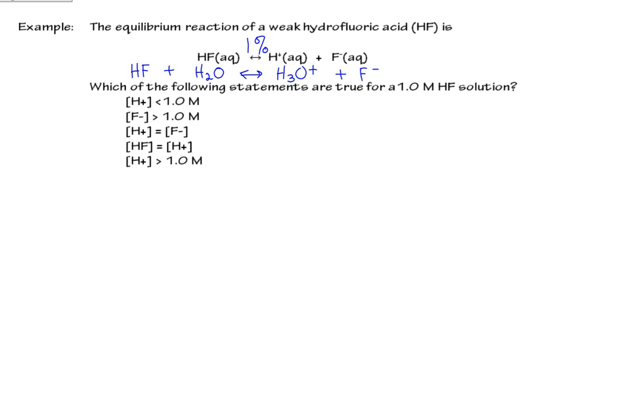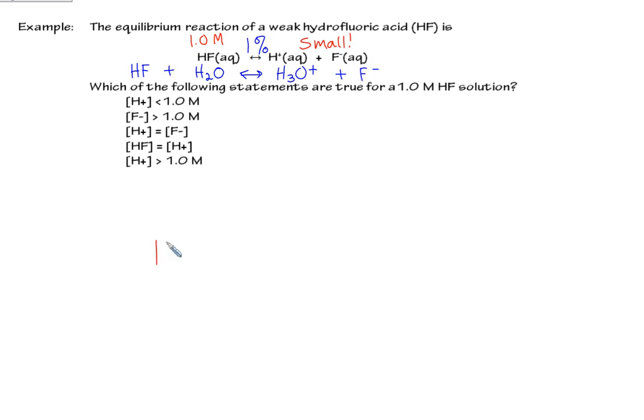So I might have 1 mole per liter of that original HF, but I'm not dissociating 100%. So whatever I get on the product side, these ion concentrations are going to be very small. Super small, let's just say that.